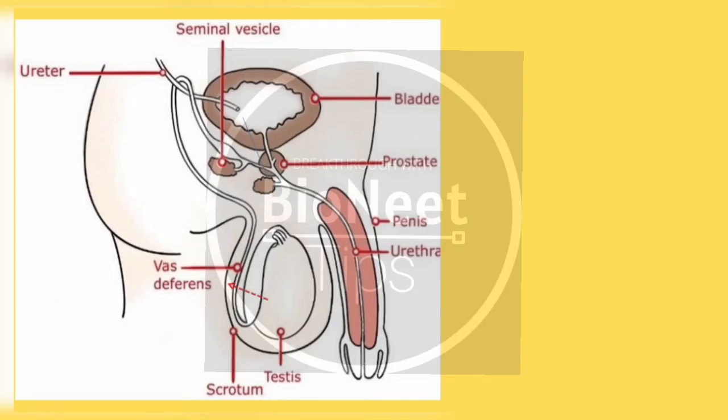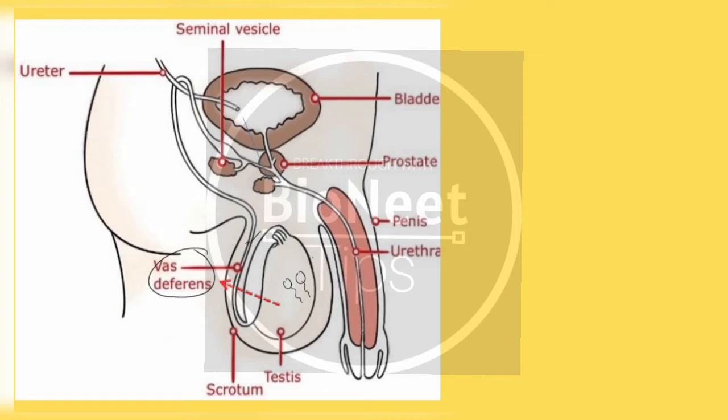Now, the sperms which are produced in the testis are transported with the help of a tube-like structure called the vas deferens.